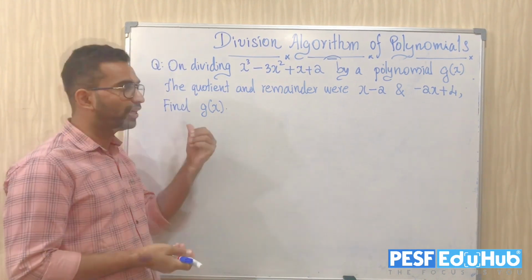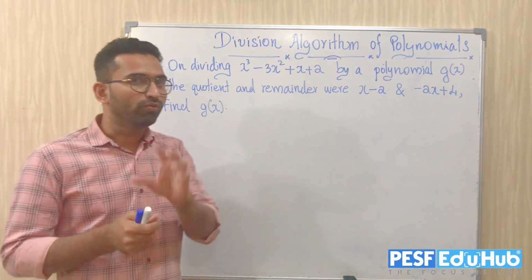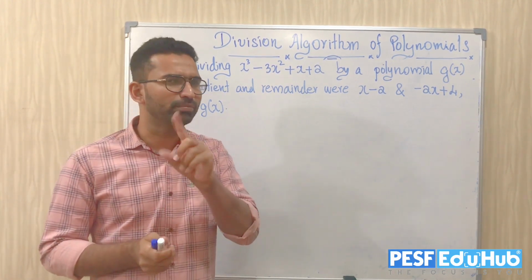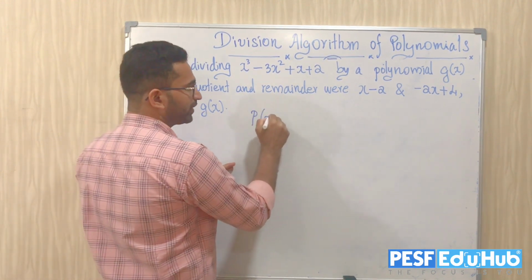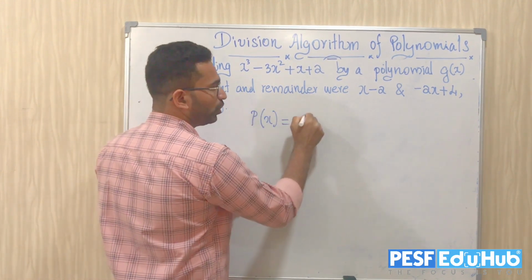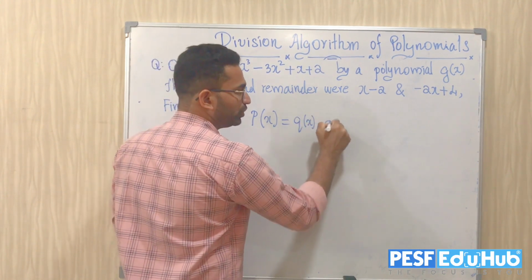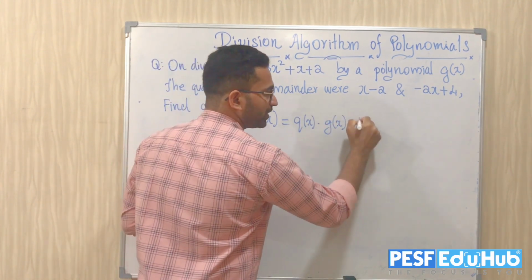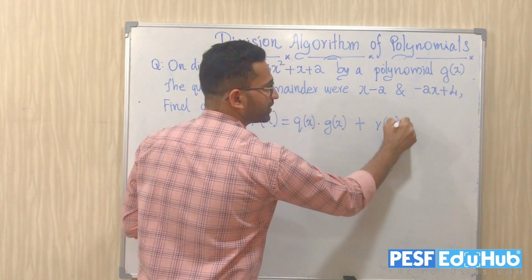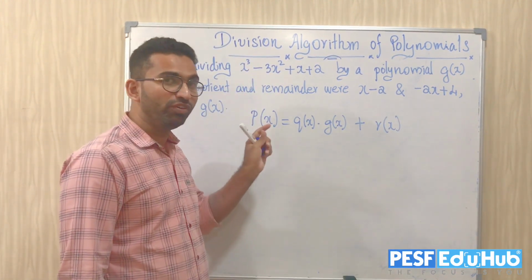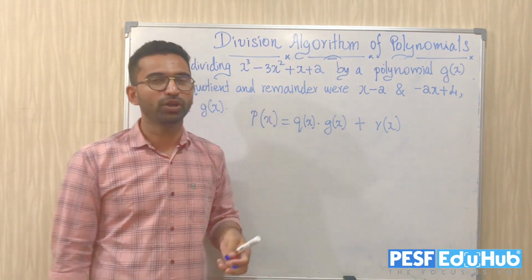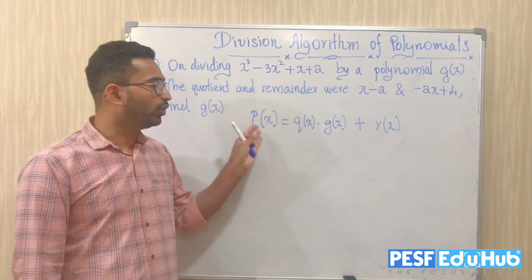In this type of question, what you have to do, we have actually written an expression at the beginning. Do you remember that? It is P of x equal to Q of x into G of x plus R of x. Okay, this is a formula or expression we are going to use in these types of problems. As I told you, this is a normal thing.